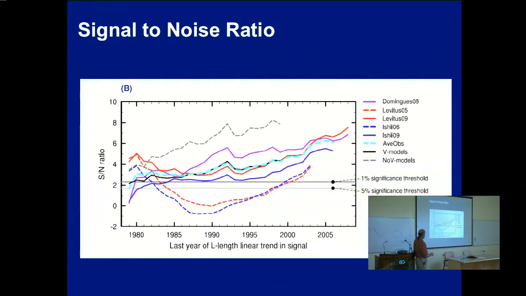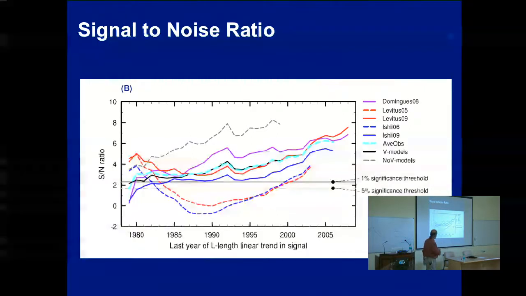By starting at a particular year, 1970, I take an 11-year trend and 11-year signal. I've already calculated noise, so I'm going to calculate the signal to noise.